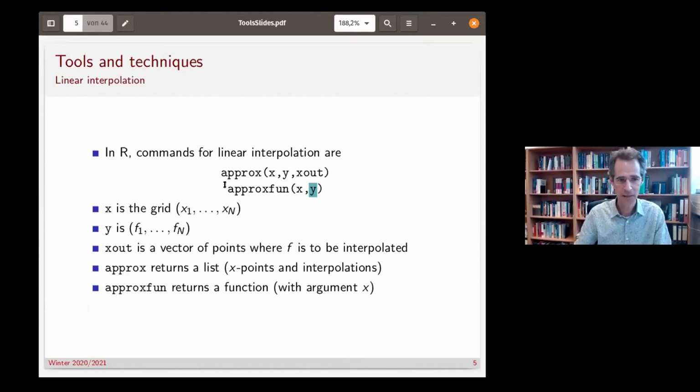This one is easier to use than that one, but that might depend on your taste. Okay, so the Approx fun command returns a function. So you could assign the Approx fun to a certain name, and then this name is the linearly interpolated function. We will see that in a second.